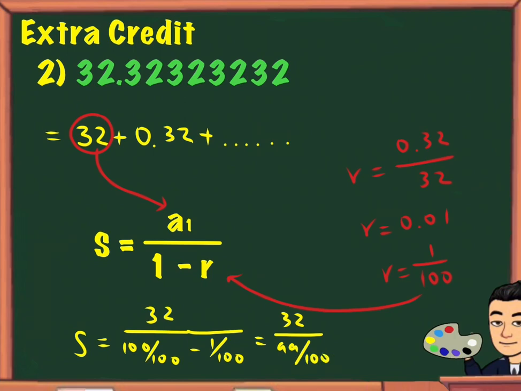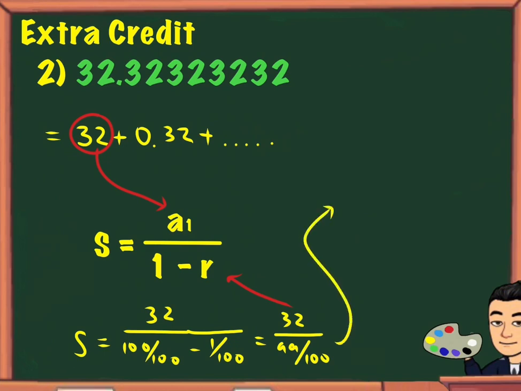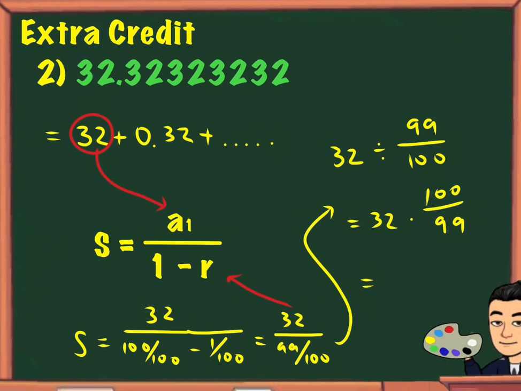Let me erase this part. Next, rewrite this as 32 divided by 99 over 100, which is 32 multiplied by 100 over 99. It looks like I can't simplify anything. So you multiply the 100, and your answer is 3200 over 99. That's it.